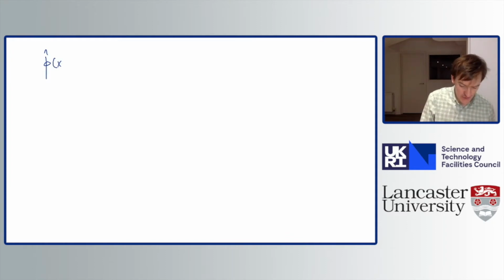So we've found our quantum field. We're expressing it in the Heisenberg picture in the sense that it has time dependence. And we've done this expansion of the field in terms of raising and in terms of lowering operators.